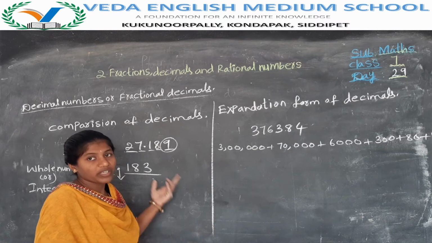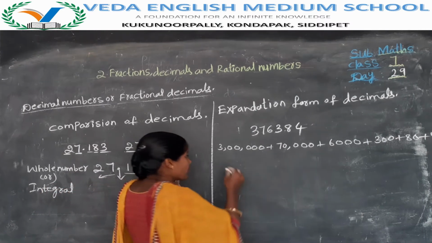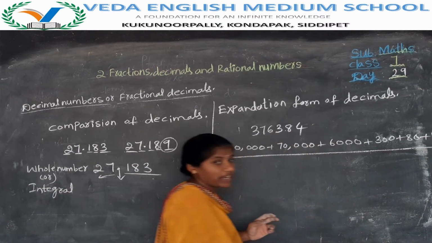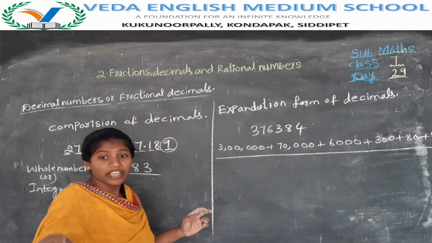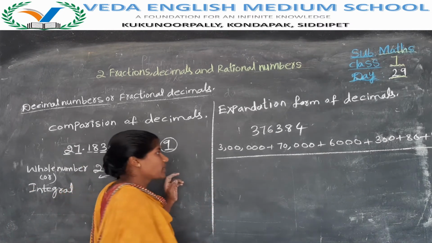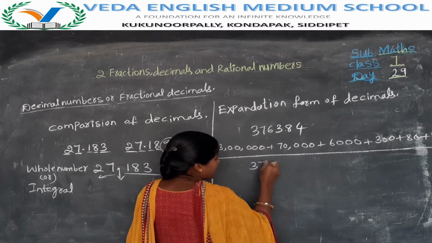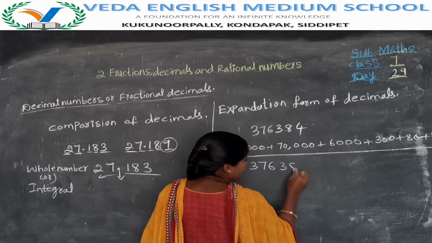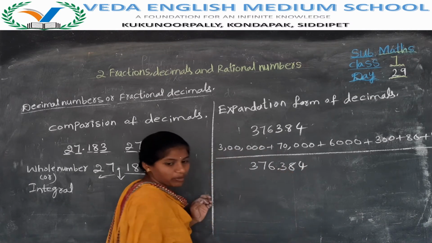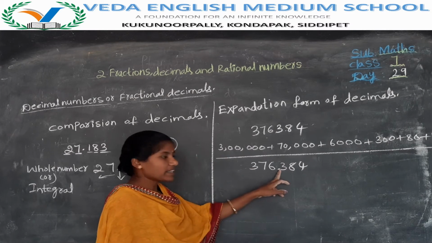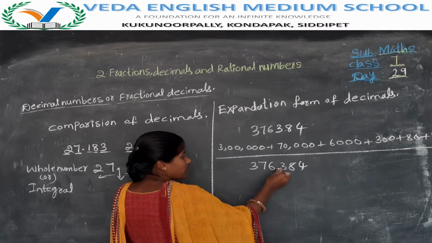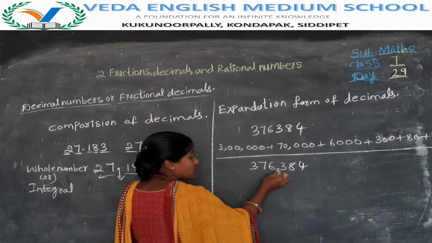Then, if you have a decimal number, how to write the expanded form? If you have the expanded form, how to write the decimal number? Now, the same number I will write, 376384, and in the middle I will keep a point, that is 376 point.